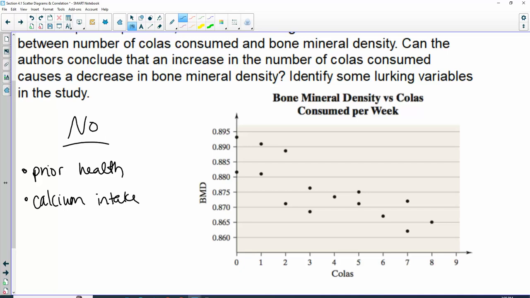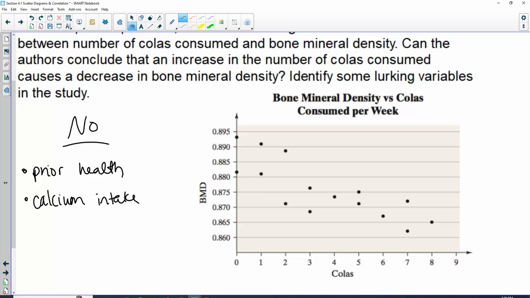Yeah. So did the soda actually cause the loss of bone density, or was it the fact that there's no milk in your diet that caused the lack of bone density? There's a lot of possible answers here, but you're just looking for some other possibilities that could have influenced these results.